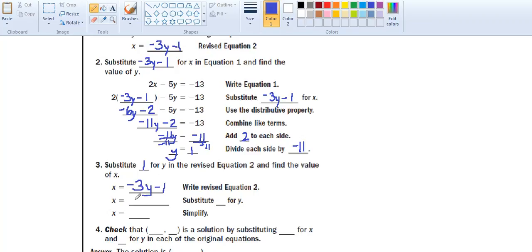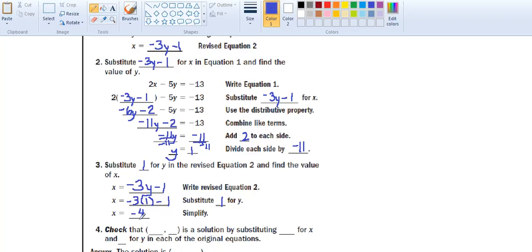So now we're going to use what we think y is, which is 1, and put it right here. Negative 3 times 1 minus 1. All we did is take the 1 and put it where the y was. So we substituted 1 for y. If you do this, it comes to negative 3 minus 1, and that's a negative 4.